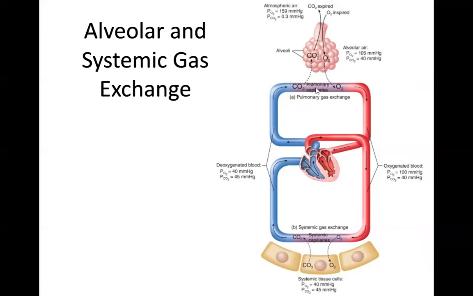So when that carbon dioxide in the pulmonary capillaries makes it to our lungs, 45 is higher than 40 in our alveoli. Not a big difference. It's not as drastic of a difference as the oxygen that we saw, but 45 is higher than 40, right? Carbon dioxide exits the blood, enters the alveoli, where it's 40 versus 0.3, and then we can expire it out.